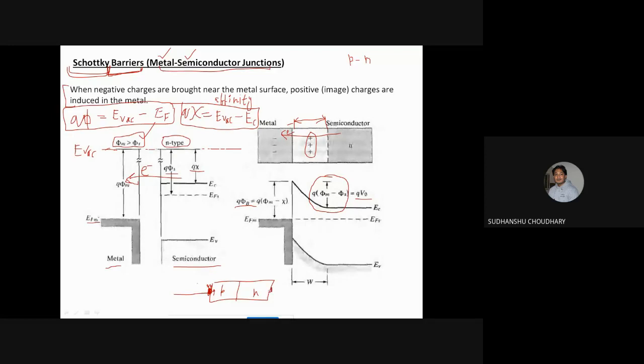Similarly, I have to deposit some metal to connect this side to the battery terminal, let us say in forward bias. So why do we deposit metal on both sides? So that the P and N regions can be connected to the battery terminals. Now this metal is in touch with the semiconductor on both sides.